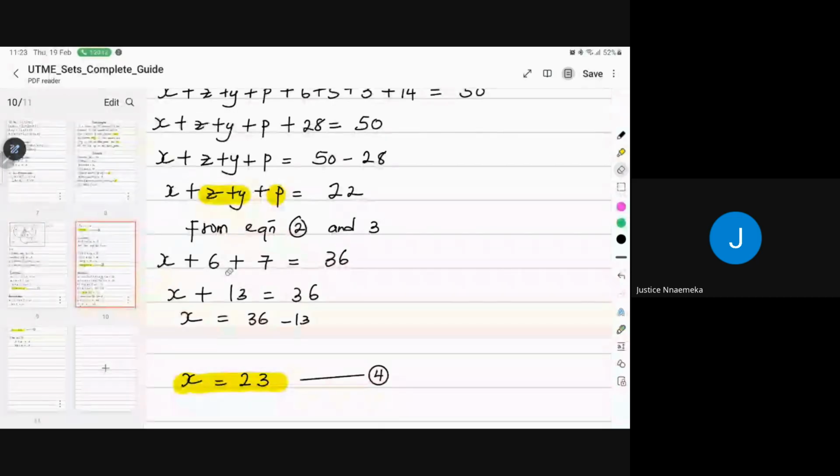So equations 2 and 3 will have 6 plus y is equal to 22. Is that not so? So now I have 13, I have 22. So 22 minus 13 will give us what? 9.